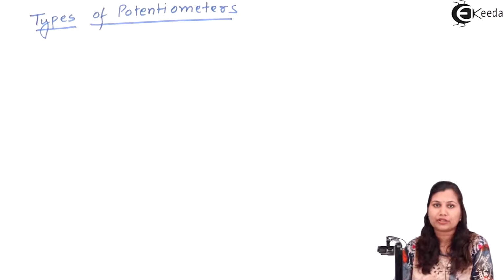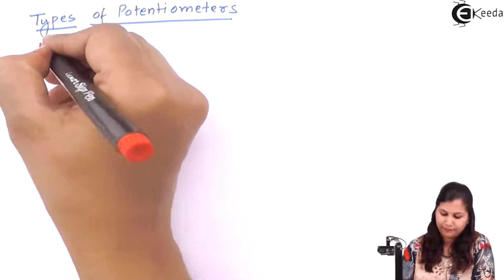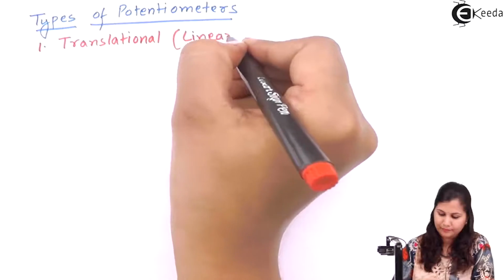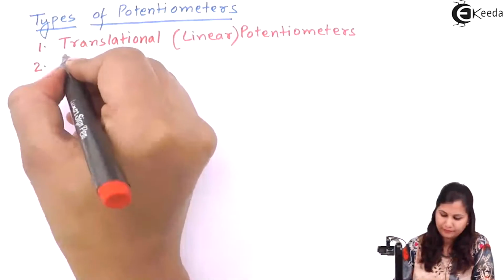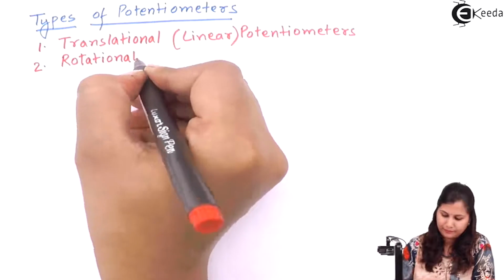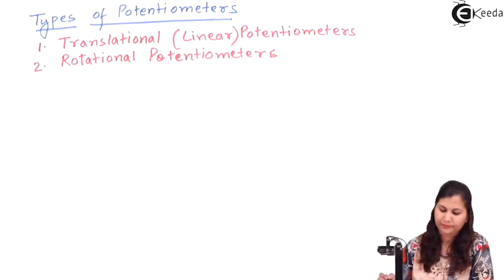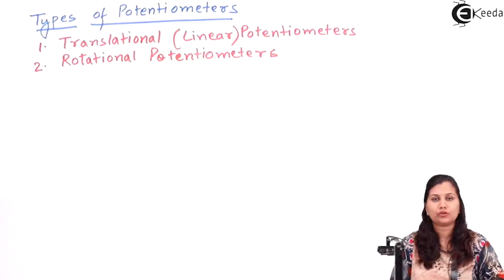First is the translational, or we can say linear potentiometers, and second is the rotational potentiometers. The translational potentiometers convert the linear displacement into a voltage, and rotational potentiometers convert a rotational displacement into the voltage.